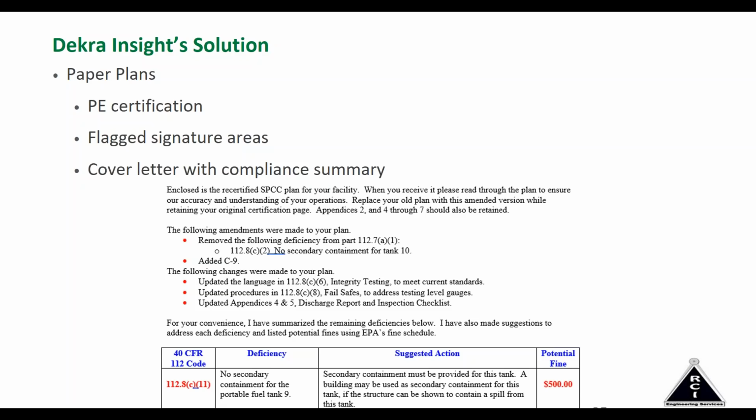We'll also flag any page that needs to be signed by the client. There are typically at least two or three different places where an authorized representative of a company needs to sign this document.